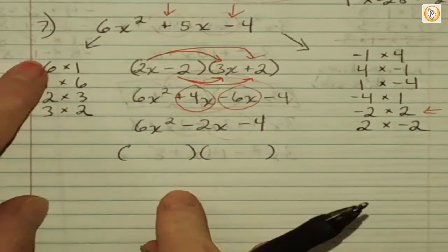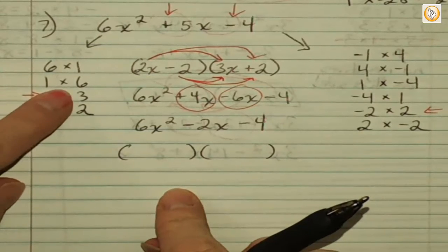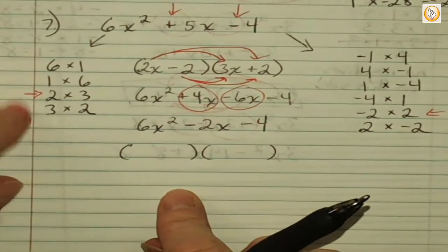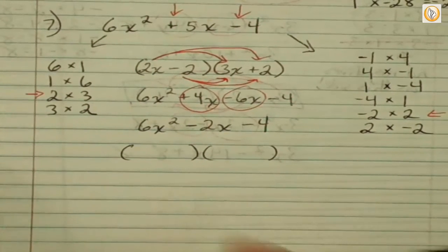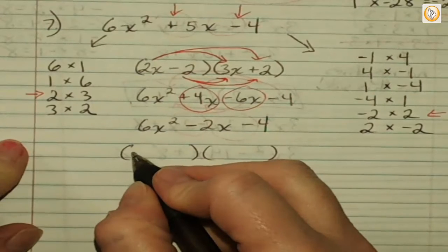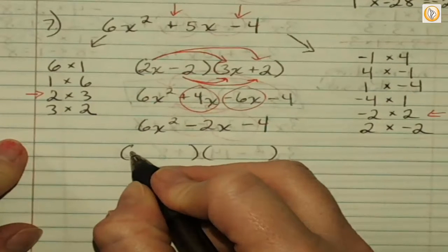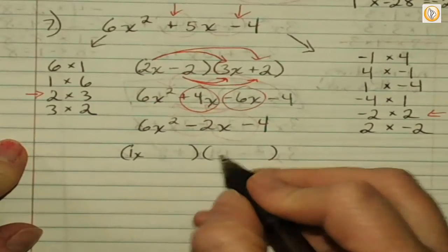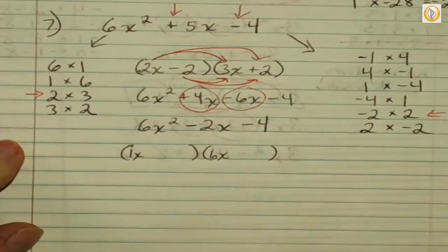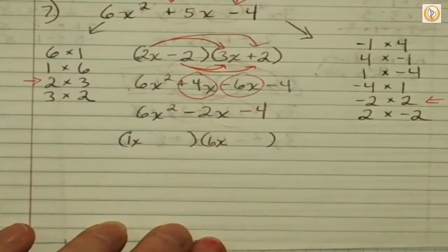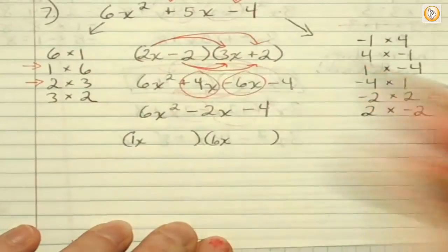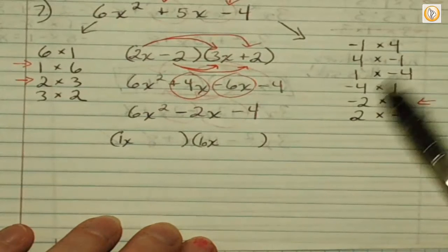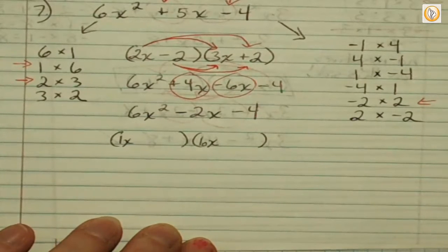Anyone want to guess this one, this side? Do we use the same one or do we use a different one? Franz? 1 times 6. You want to do 1 times 6? Okay, it's making me crazy, but I'll do the 6x over here. Okay, we're going to try that one. Does someone want to guess one over here? Someone different.